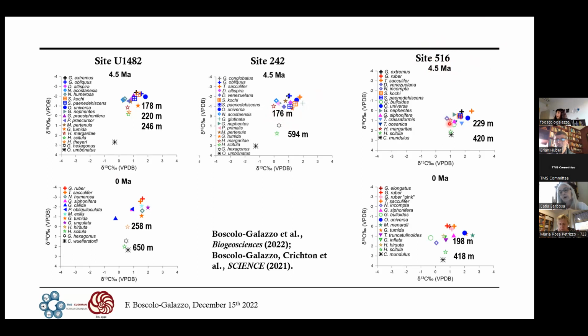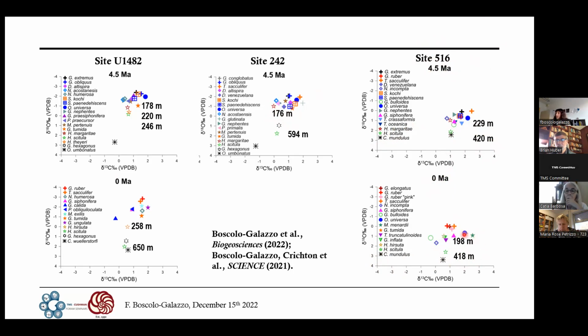Again, we have margaritae up here in oxygen isotope space and scitula down here with more positive oxygen isotope value and a deeper depth habitat compared to that of margaritae. Modern sample, Hirsutella hirsuta here, Hirsutella scitula here, again with more positive oxygen isotope value and a deeper depth habitat reconstruction compared to that of hirsuta.